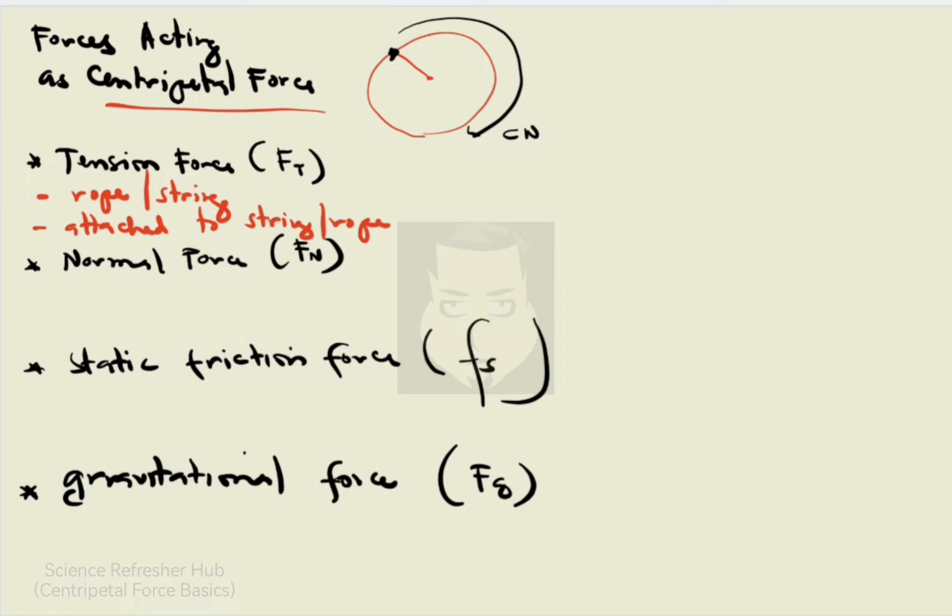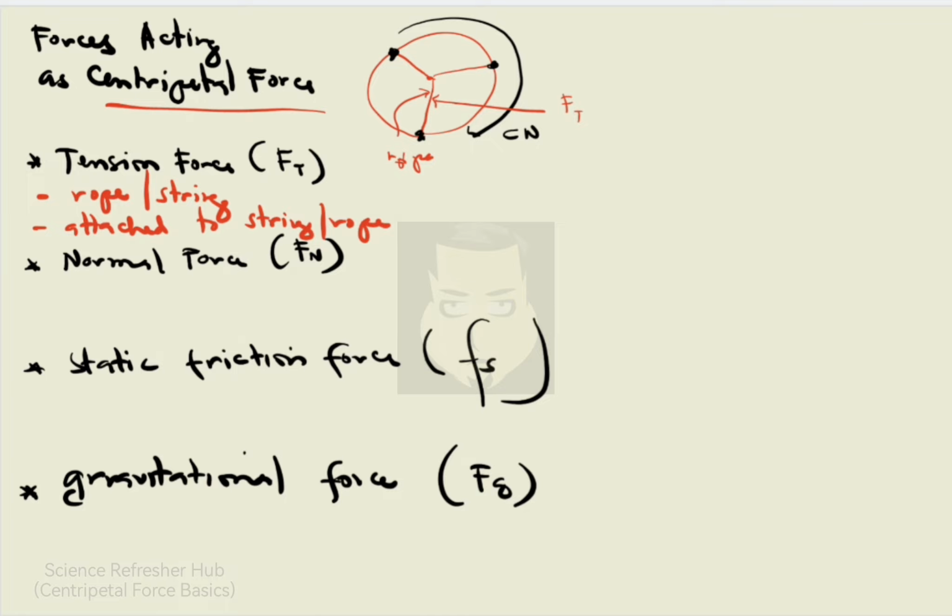After some time, the object will move to this point, and the reason why it has a circular motion is because the tension force acts as a centripetal force. So our centripetal force in this case is the Ft, because we have a rope, or let's say a string.